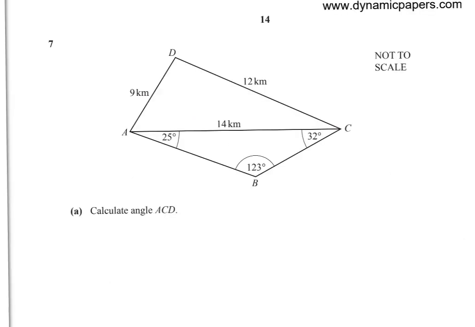Number 7, calculate the angle ACD. How to find this angle? You have 3 sides. Cosine rule.